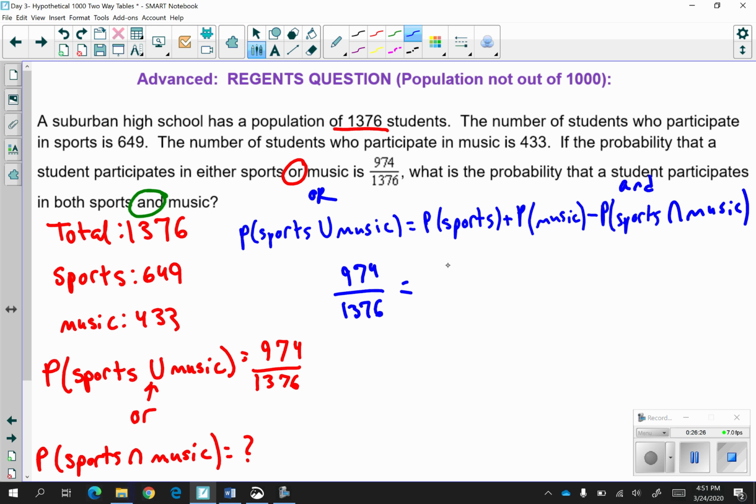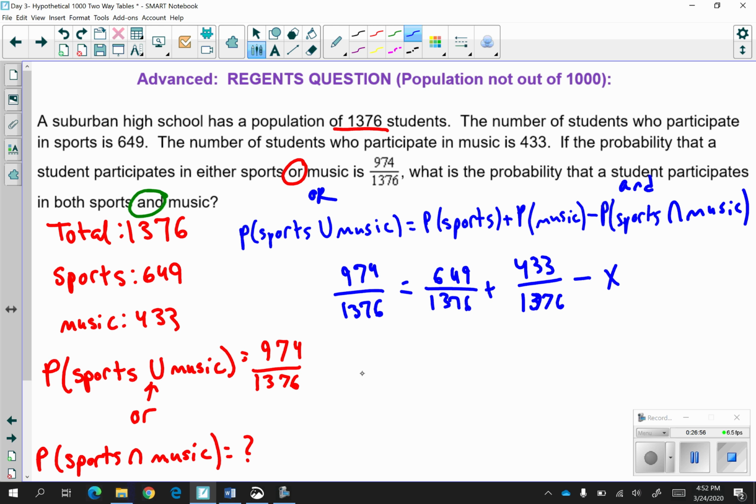The probability of playing sports, well, we know there are 649 students out of 1,376 who play sports. There are 433 students out of the 1,376 who participate in music, minus the value we don't know because we're trying to find the and probability.